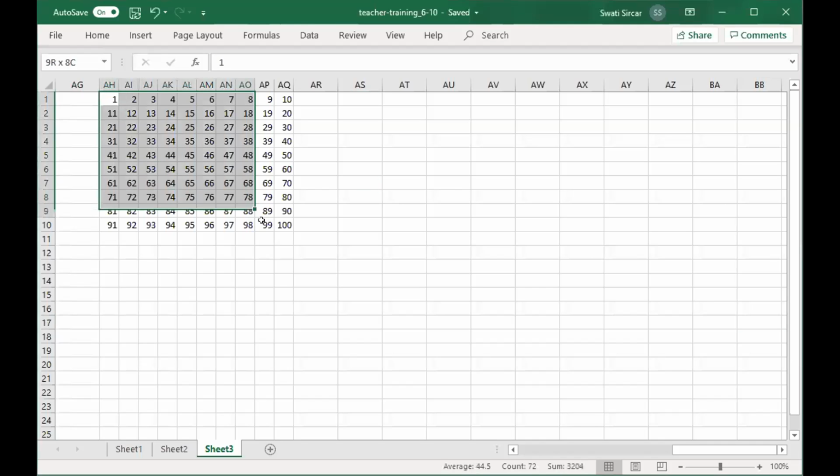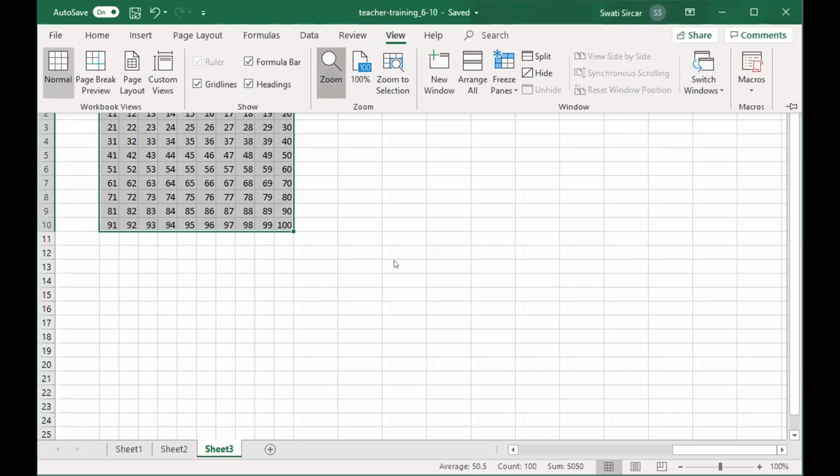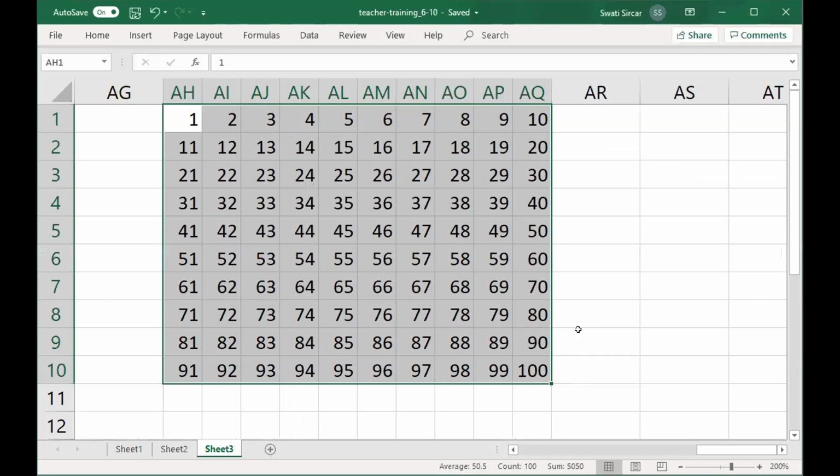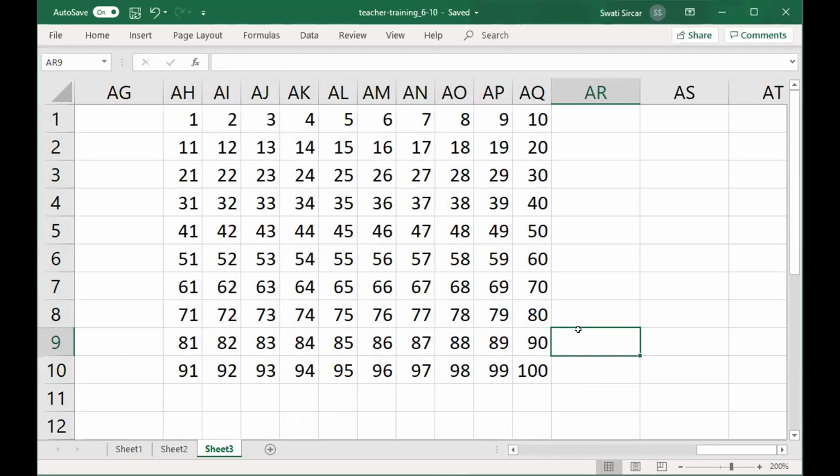Take a 10 by 10 grid like this. And make, say, 6 or 7 such grids.